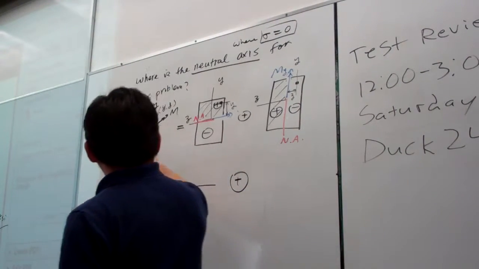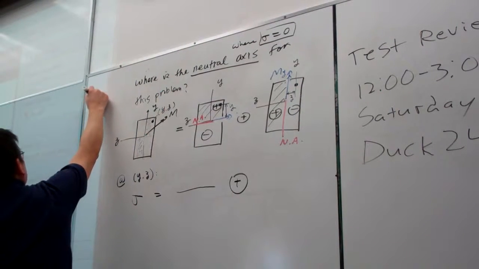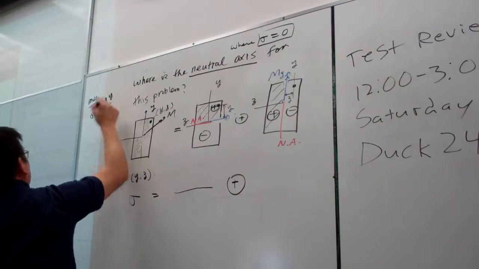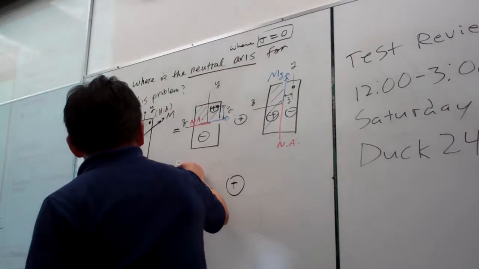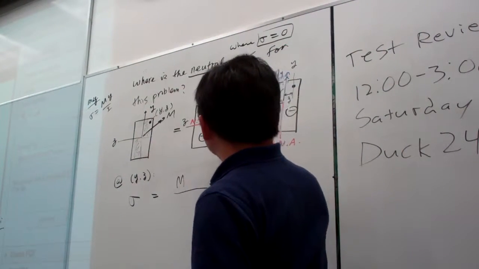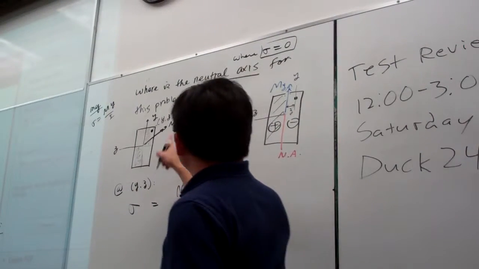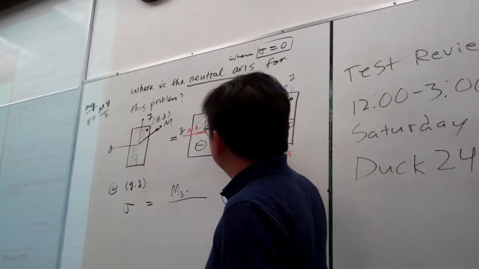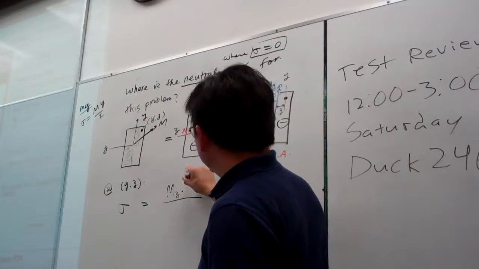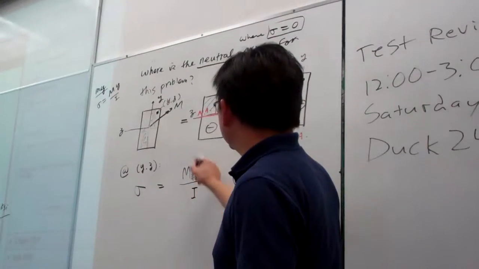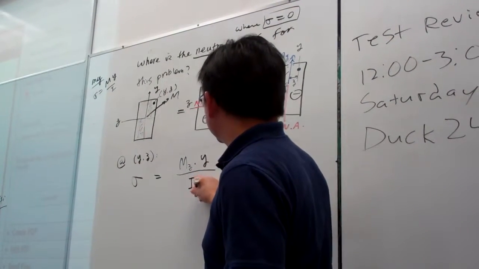Again, we put into our formula the magnitude, sigma equal to My over I. The magnitude of the M for this case is Mz, multiplied by the distance from the point to the neutral axis, which is y, and divided by I with respect to the neutral axis, which is Iz.